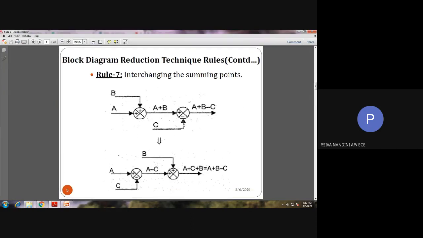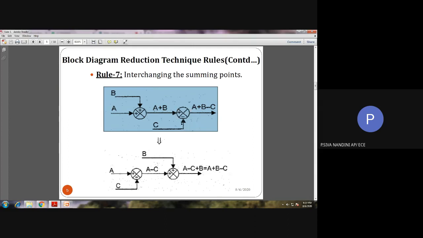In this figure, you can see two summing points. In the first summing point, the input is A and the other input is B, both with plus sign. So the output of the first summing point is A plus B. This term A plus B is fed to the second summing point.